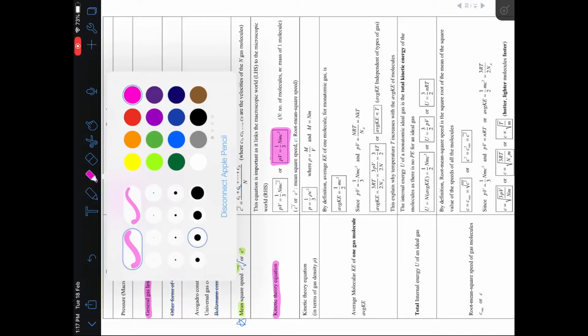N is the number of molecules in the gas, the total number, m is the mass of one molecule, and c squared is the mean square speed, and c will be the root mean square speed. Later on we will talk about this at the bottom of this table. Alright, so you have to recite this. And again, the good news is this is given in the DSE formula sheet, so again you can copy from the formula sheet.